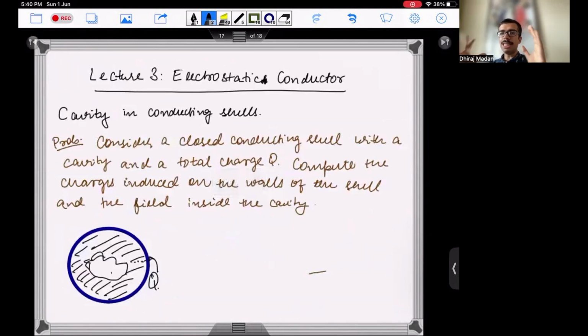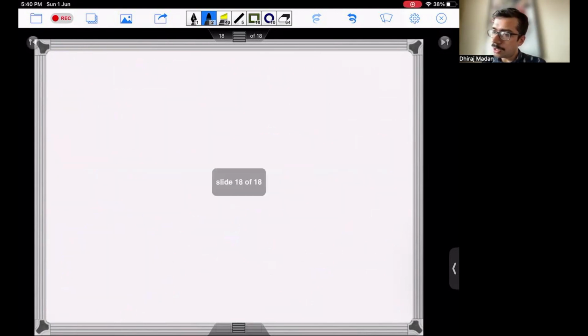Now the charge in the conducting medium is going to be 0. The net charge is Q. How much of it is present on the inner surface and how much on the outside surface? That is something we need to find. Let's try to solve this problem.